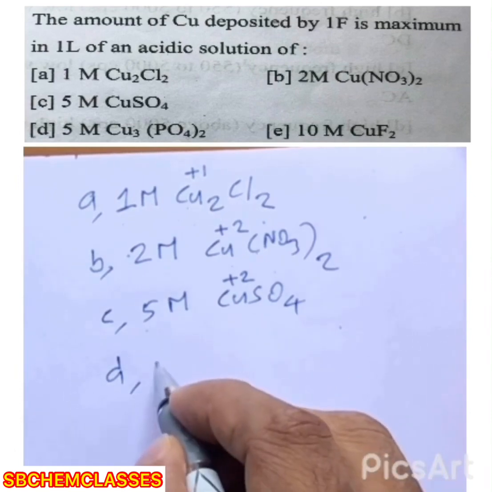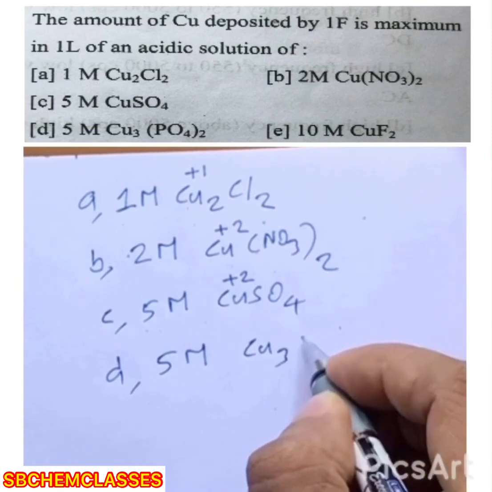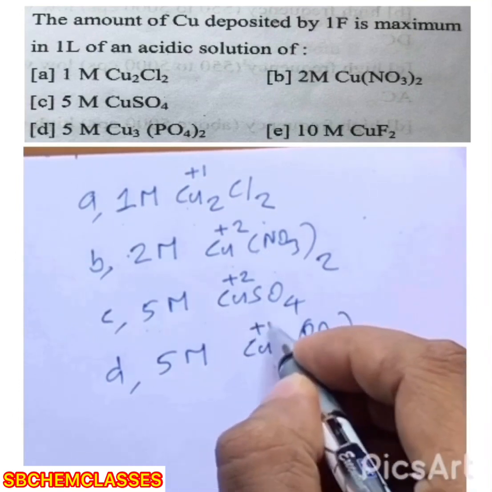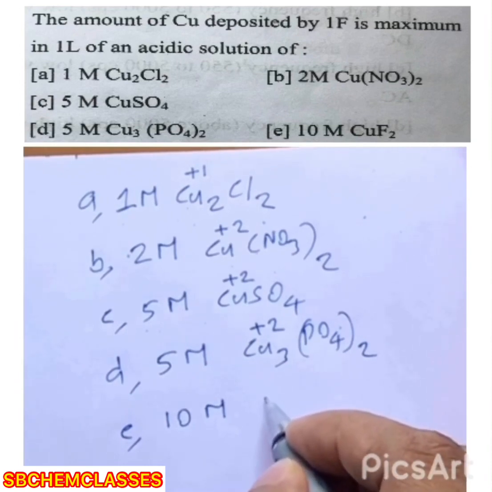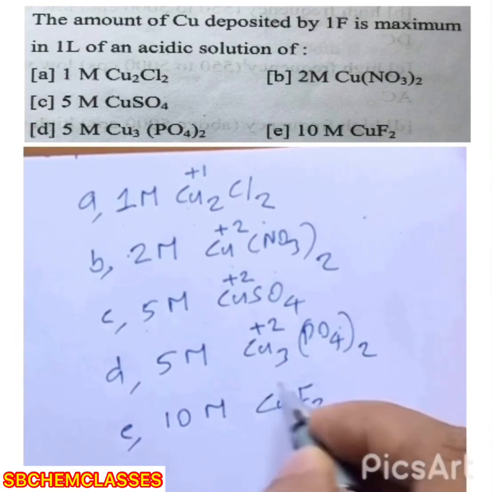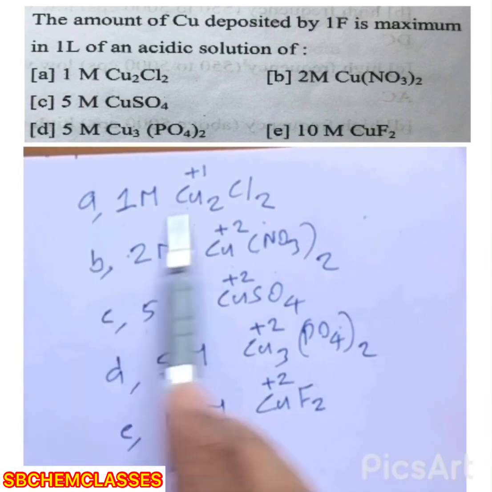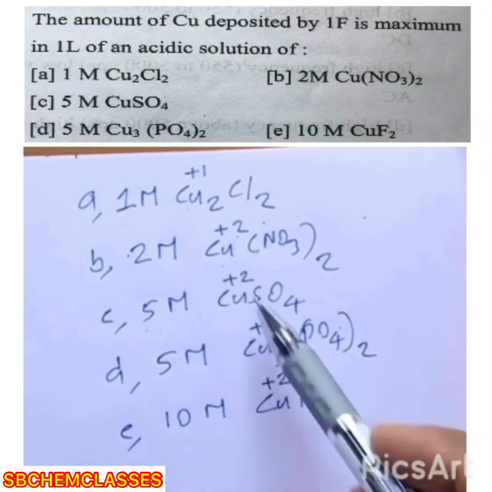Option D, 5 molar Cu3PO4 twice. This is also copper +2. And option E, 10 molar CuF2. Copper has +2. So, except option A, in all options copper has +2 charge.